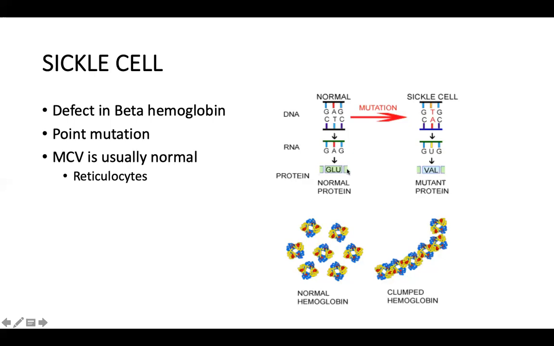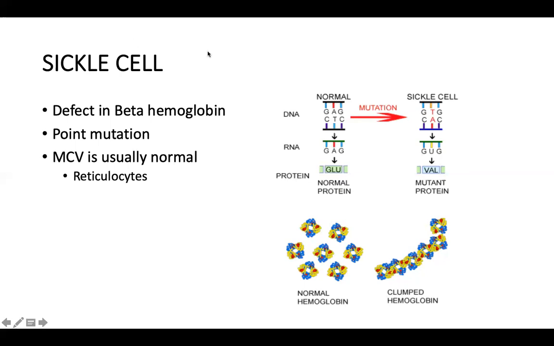Sickle cell is a defect in the beta hemoglobin. It's literally a point mutation in the DNA. The DNA is transcribed to RNA, and RNA then makes the protein.